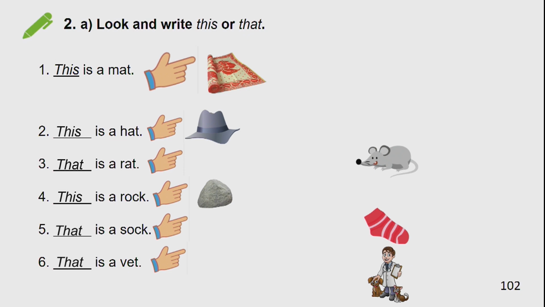Now look. When we want to make a question with this or that, we start with the word what's and we ask, what's that? It's a window. What's this? It's a computer. Listen and repeat after me. What is that? What's that?